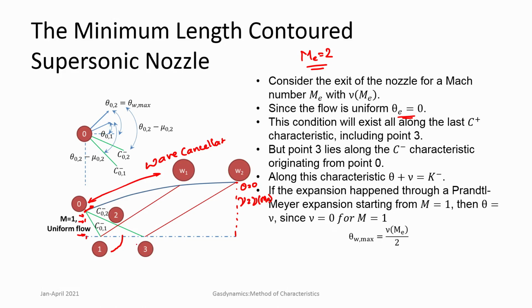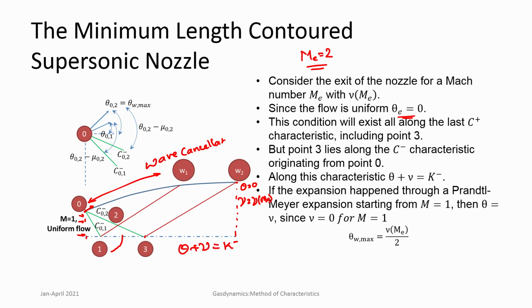Now, point 3 is also a part of a C minus characteristic originating from point 0. So, along this C minus characteristic, theta plus nu is constant, which is K minus.